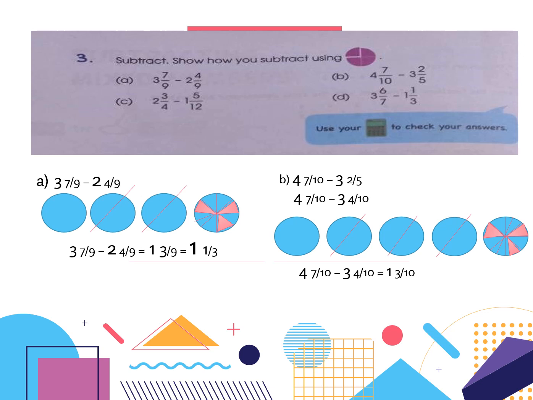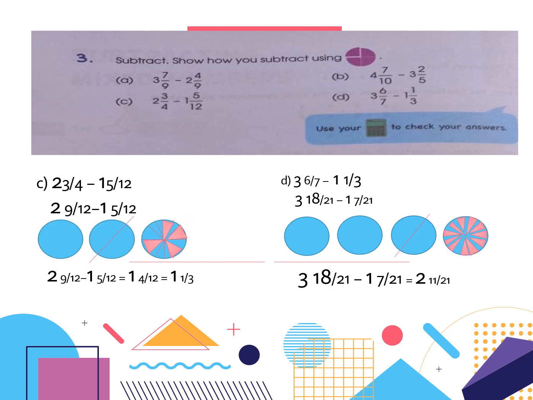So first we are going to simply subtract the whole numbers, which are 4 minus 3, so it is 1. And for the fraction part we have 7/10 minus 4/10, which results in 3/10. So we have an answer, one whole number 3/10.